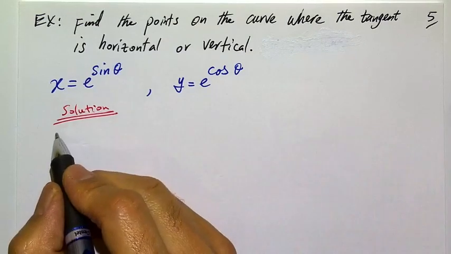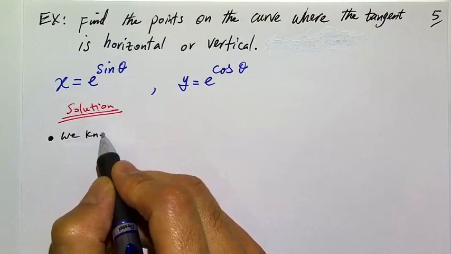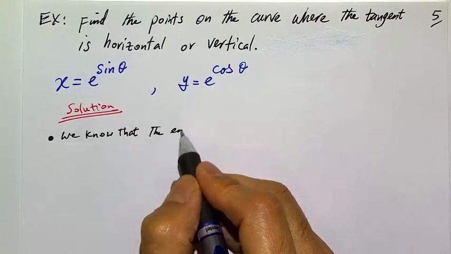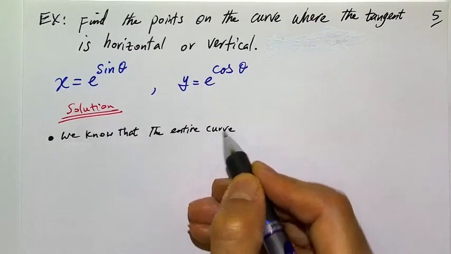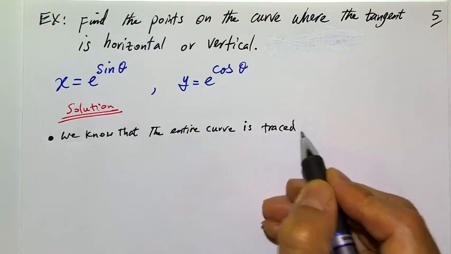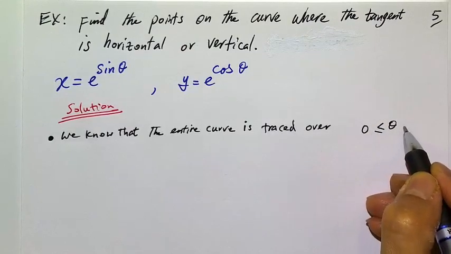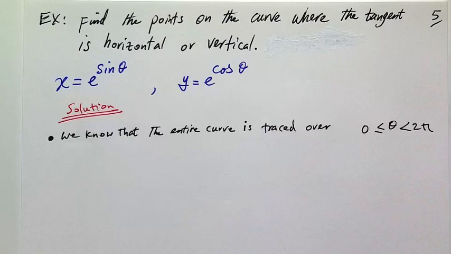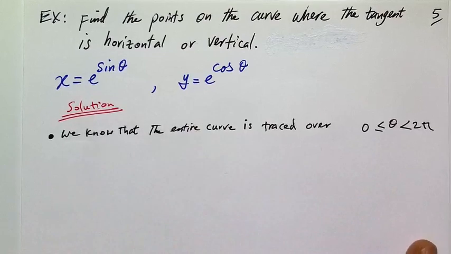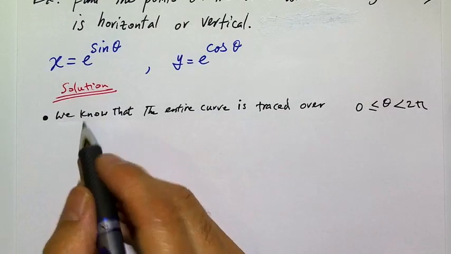Okay, so within this interval, let's figure out where we have a horizontal and where we have a vertical tangent.